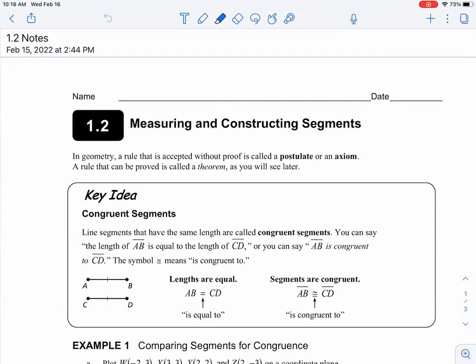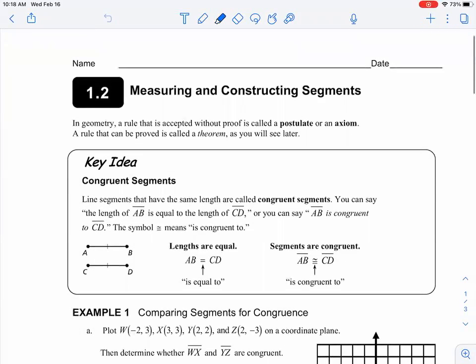All right, but first, in geometry, we have things that are called postulates and axioms. The terminology is not all that important. Those are things that are just kind of accepted, and things that can be proved are called theorems. But you don't have to worry so much about that terminology.